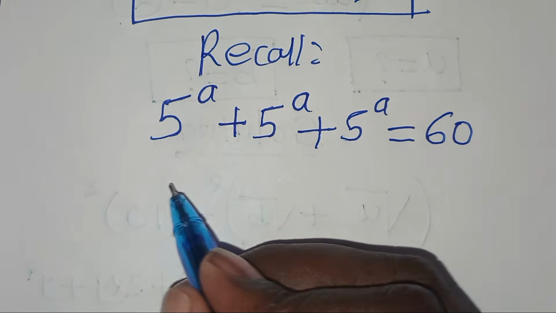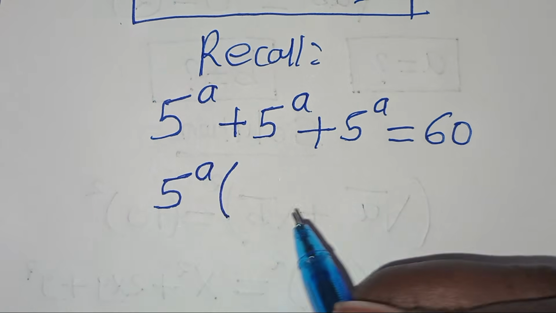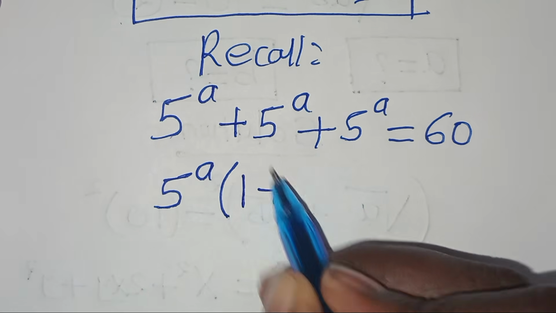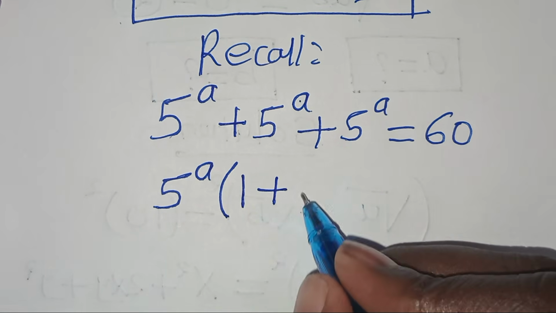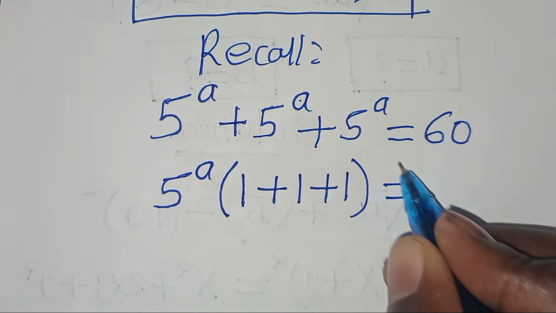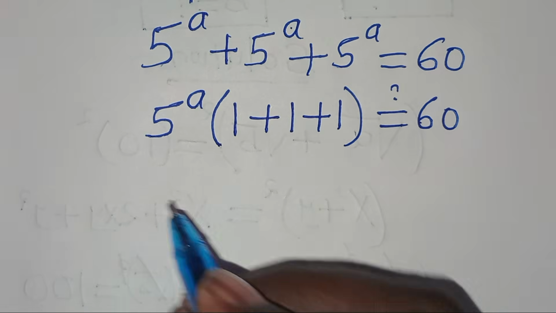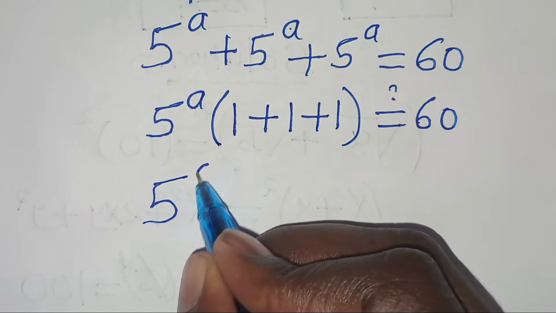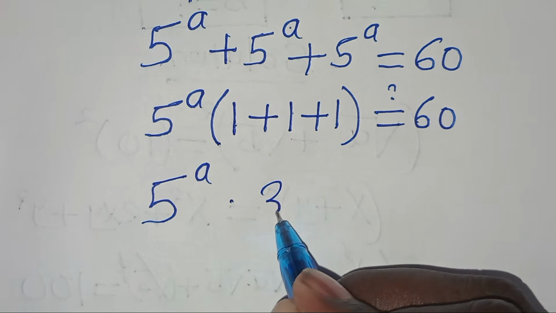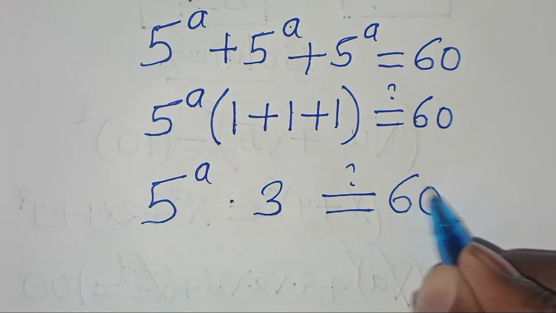Since 5 to the power of a is common here, we factor out 5 to the power of a, so that now 5 to the power of a divided by 5 to the power of a is 1, plus 1, plus 1. This is supposed to give us a value of 60. So we have 5 to the power of a multiplied by 1 plus 1 plus 1, this is 3. And this should give us a value of 60.